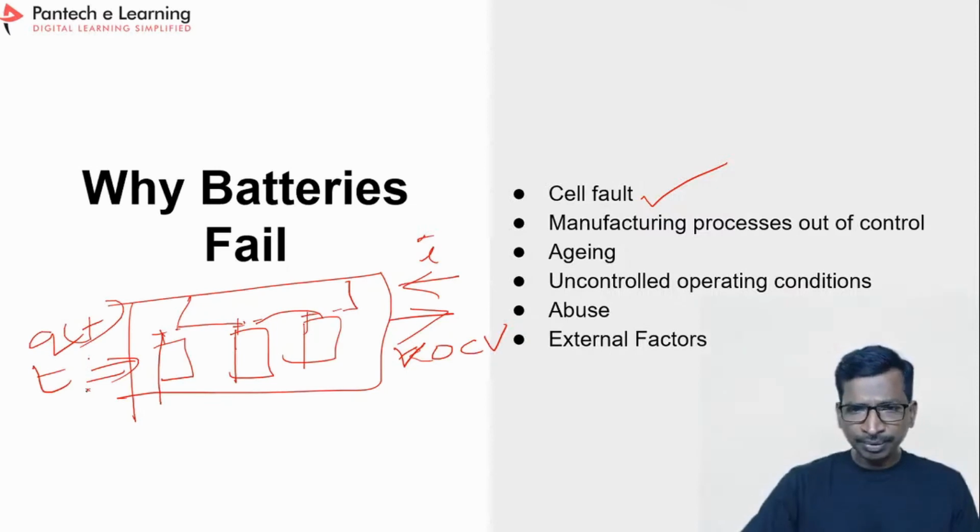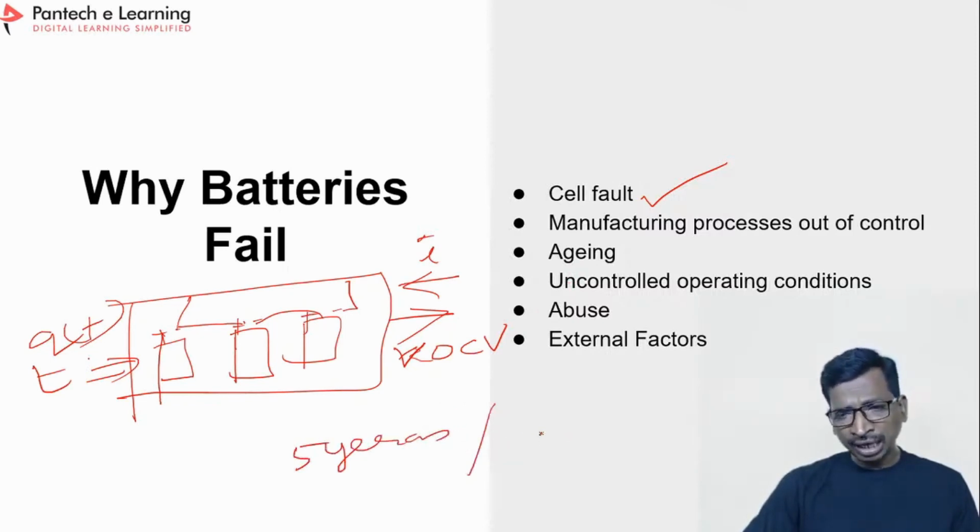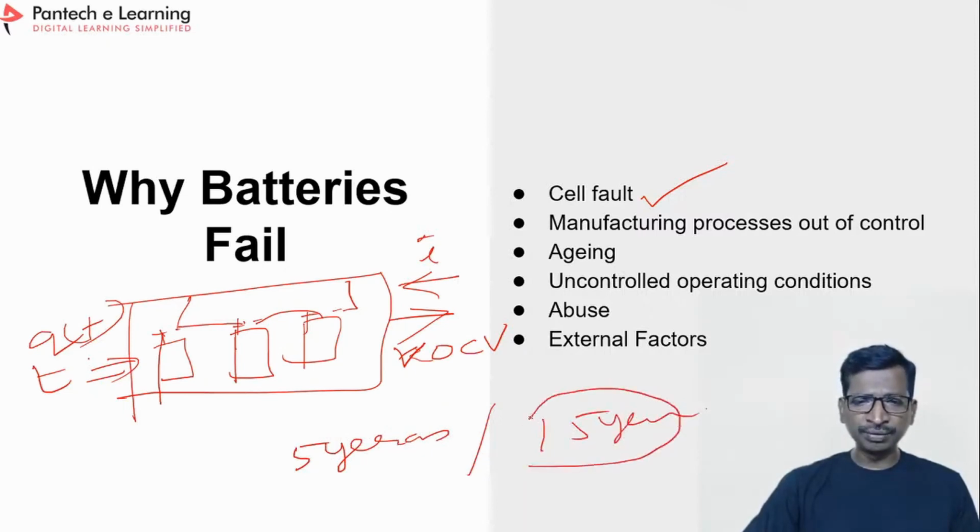The next parameter is aging. Generally the battery warranty period is 5 years, but now researchers are claiming about 15 years. This is a highly advantageous factor in battery technology.